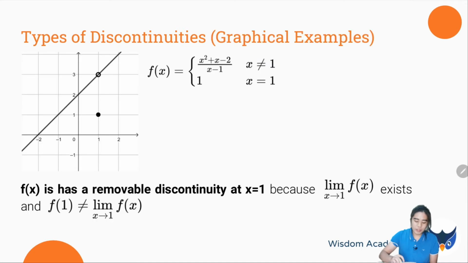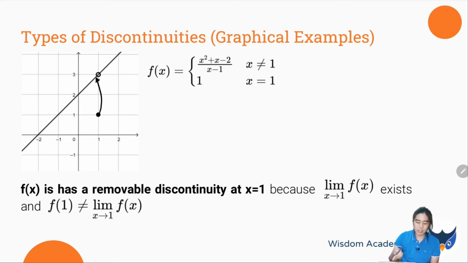Okay? So, some graphical examples. So, yung kaninang example natin na hindi equal si f of a sa limit, so ang tawag doon ay removable discontinuity. Okay? So, kung mapapansin niyo, removable discontinuity siya kasi matatanggal natin yung discontinuity kung i-define natin to be equal to 3 at x equals 1.